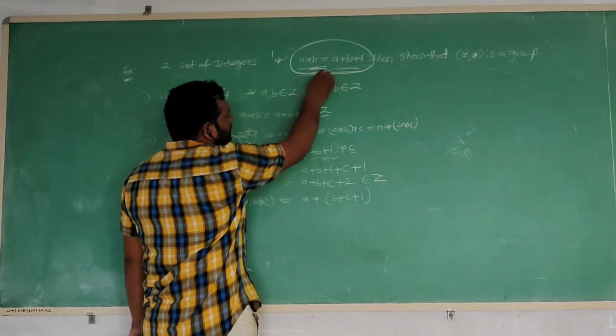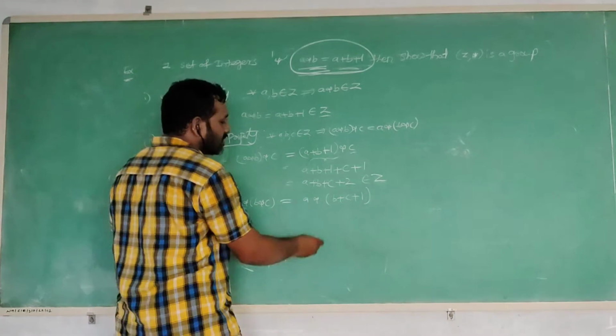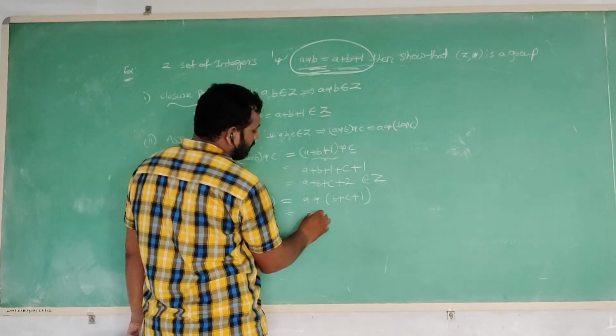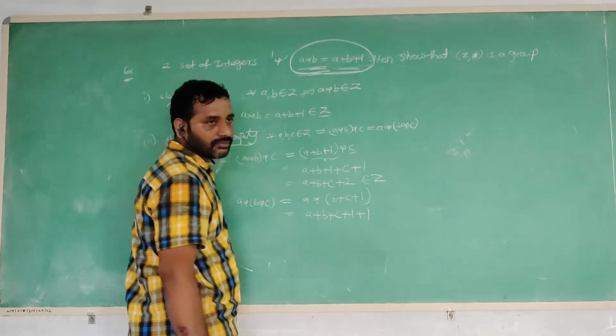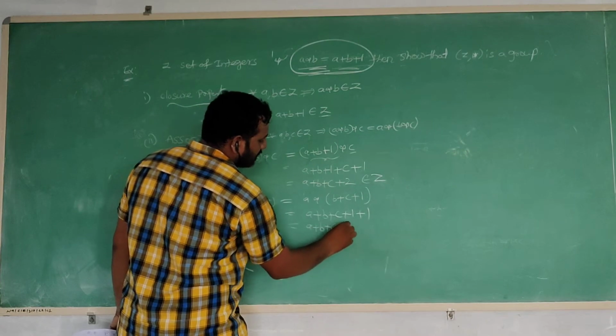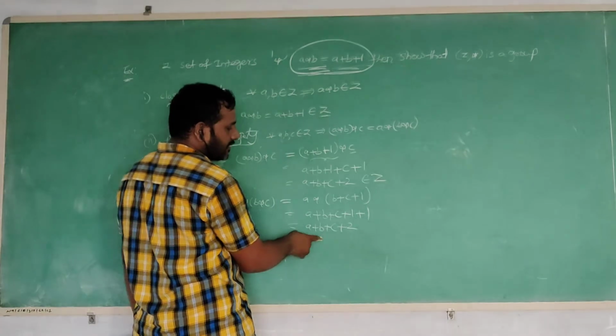Again applying the definition, a + (b + c + 1) + 1. That equals a + b + c + 1 + 1, which is a + b + c + 2. This also belongs to Z.